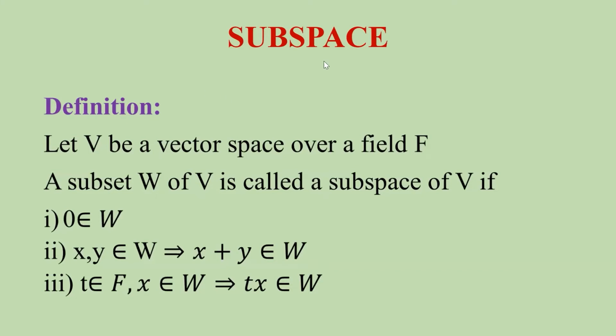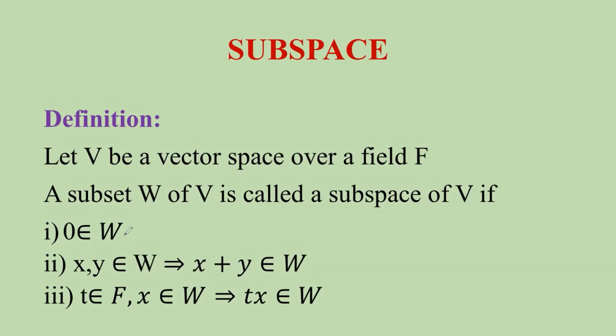The first one is that 0 must belong to W. If we take any vectors x and y in W, then the addition x plus y must also be in W. And for any scalar t in F and any vector x in W, the scalar multiplication t x must be in W. When these three conditions are satisfied, we can say that W is a subspace of V.